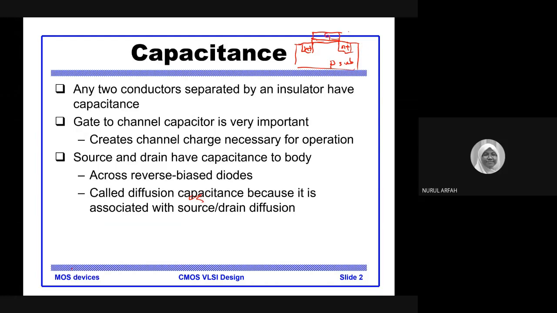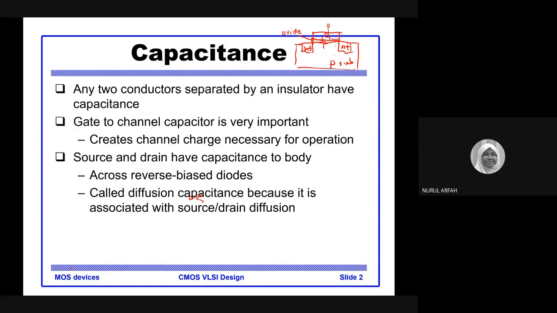In between the gate and this thin layer here is an oxide layer. And we know that there's a supply here. This oxide layer is the insulator. So between these two conductors, we can have a capacitor.